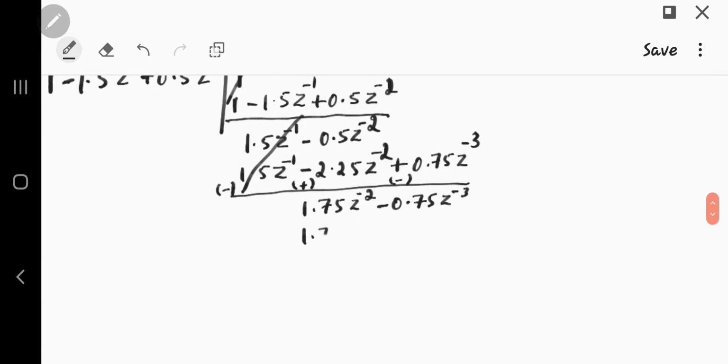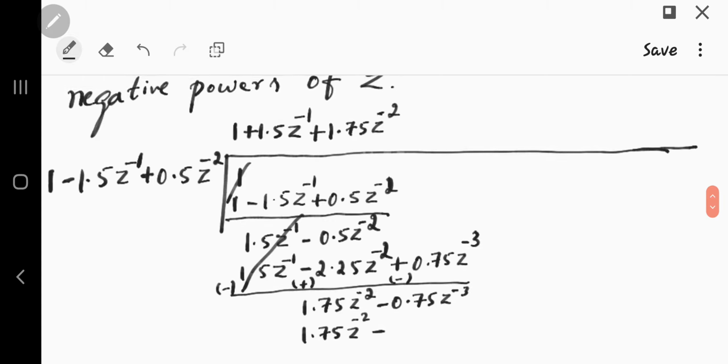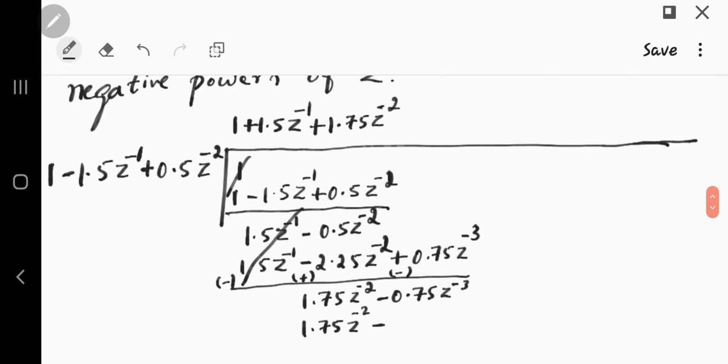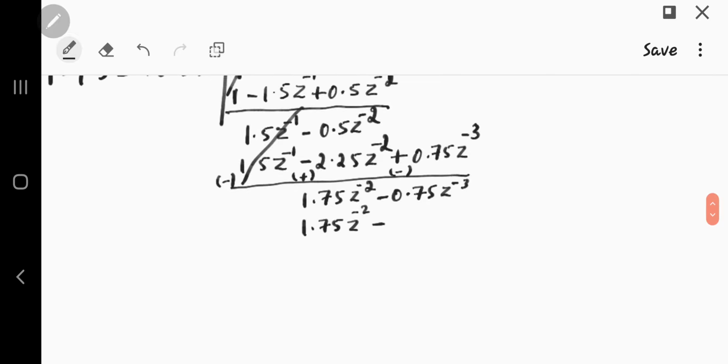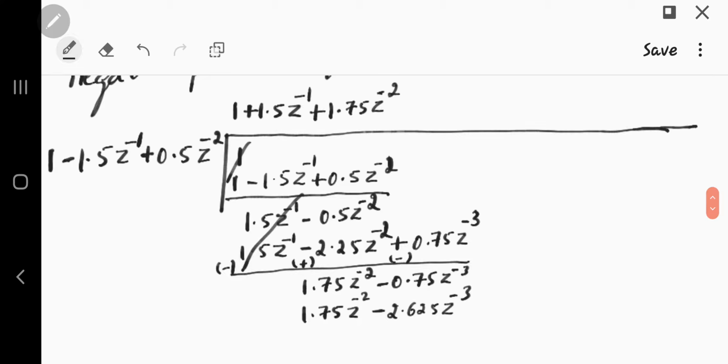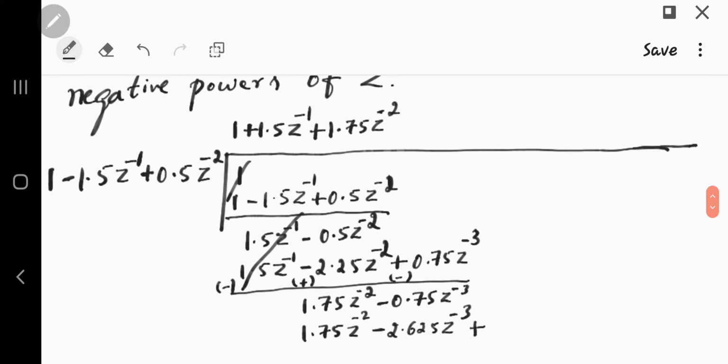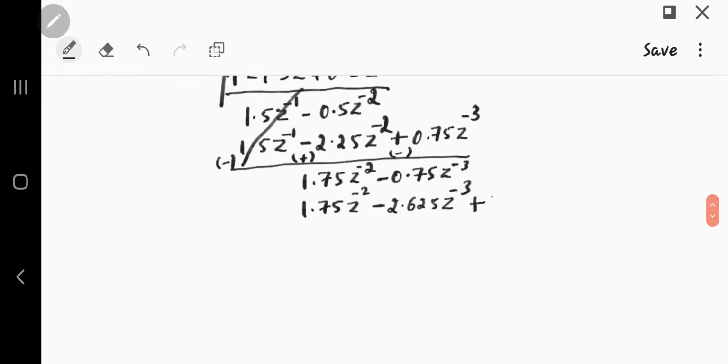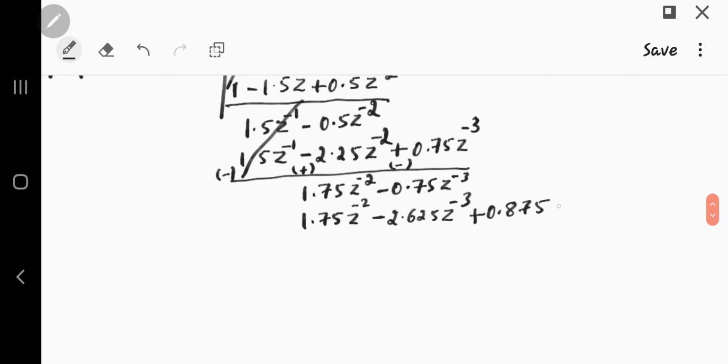So that gives 1 into 1.75 Z power minus 2 as 1.75 Z power minus 2 minus, now 1.5 Z inverse into 1.75 Z power minus 2 is there. Now if you multiply that, you will get minus 2.625 Z power minus 3, because we have minus 1 and minus 2, plus 0.5 into 1.75, that will give you 0.875 Z power minus 2 and Z power minus 2, you will get Z power minus 4 here.